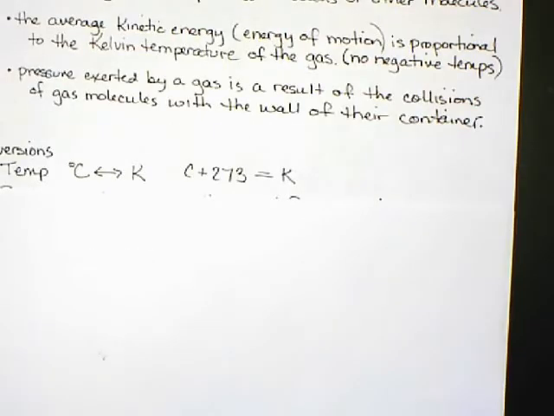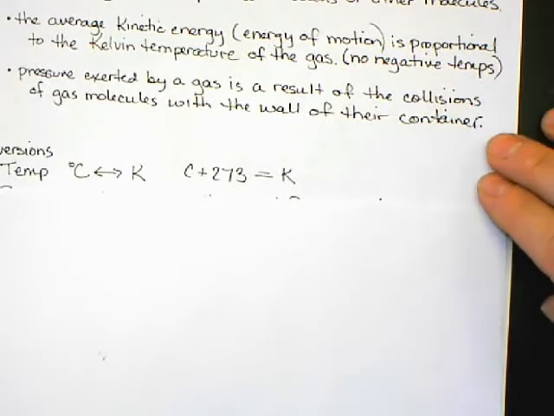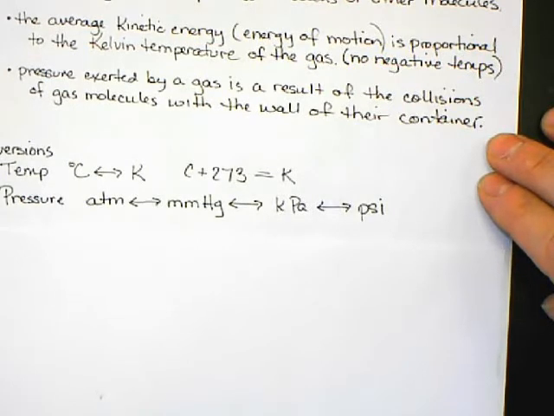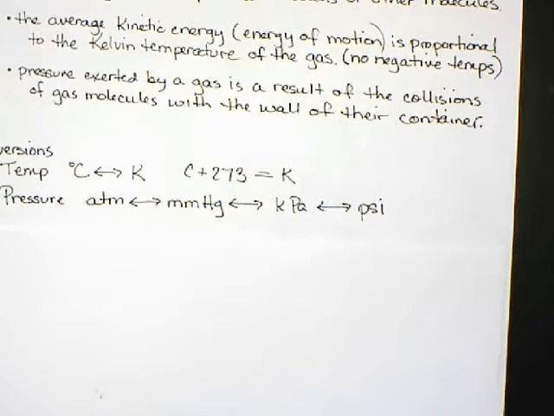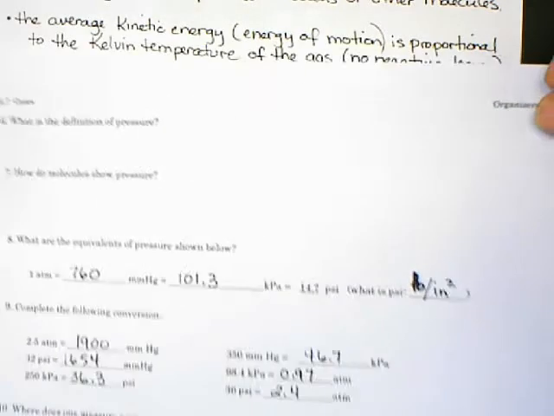All right, and then the rest of the organizer goes on to talk about pressure. And the one idea for pressure is making sure you can do the conversions between all of those units. So once again, here is the set of answers for those conversions.